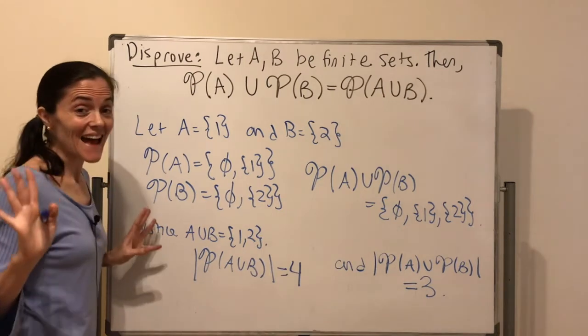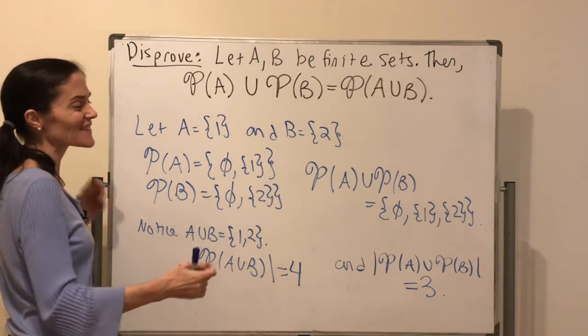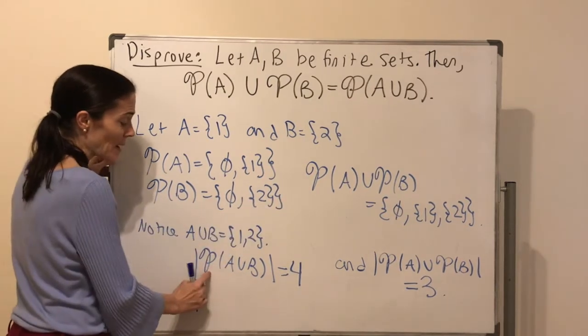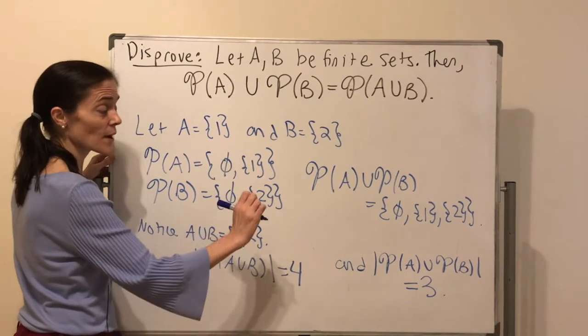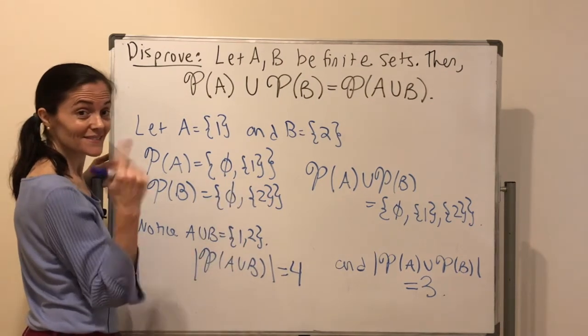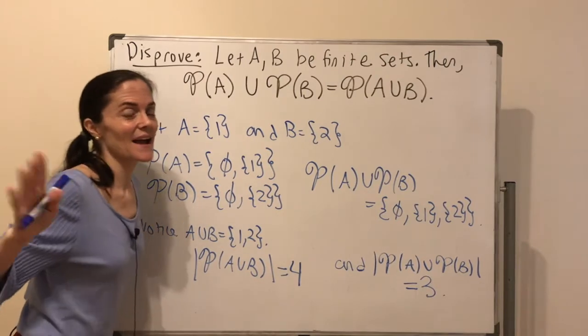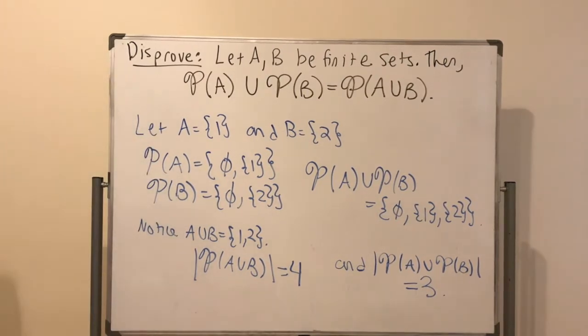So we have our counterexample. In fact, if we actually write the elements out, the power set of A union B has 1 more element. It has the element containing 1, 2, right? But it's fine. This is a justified counterexample.